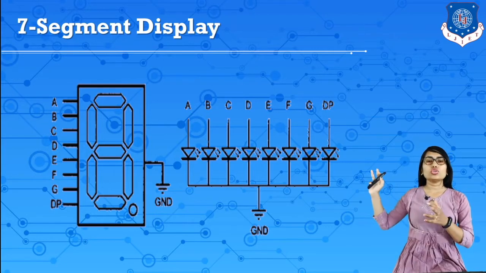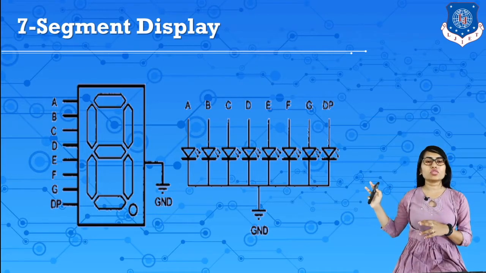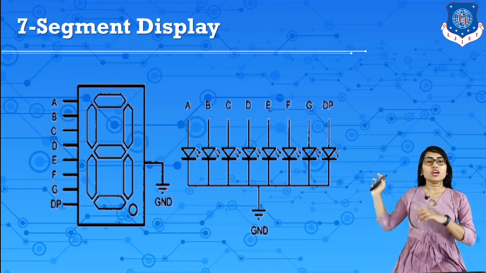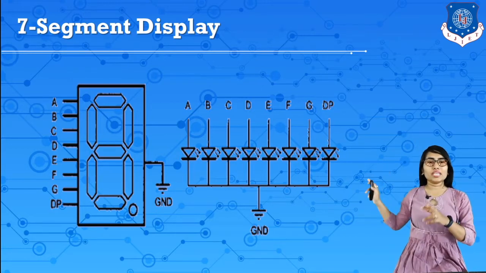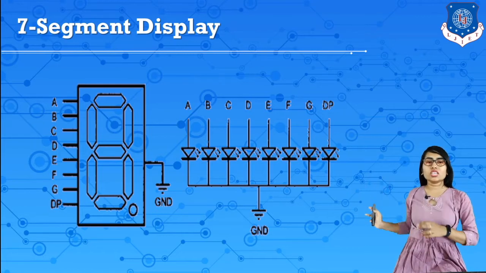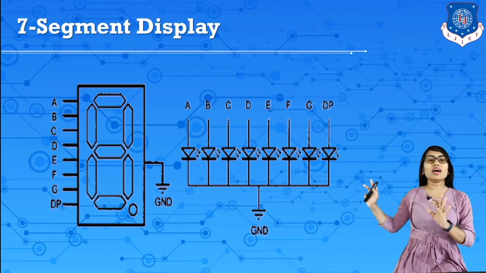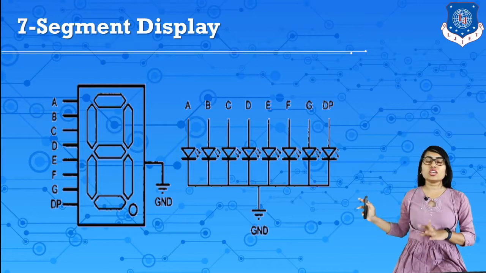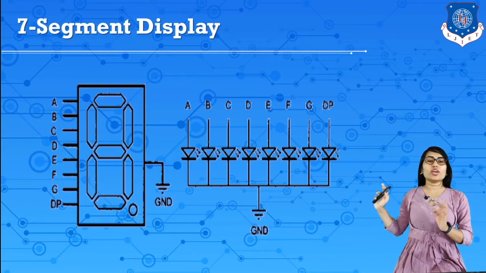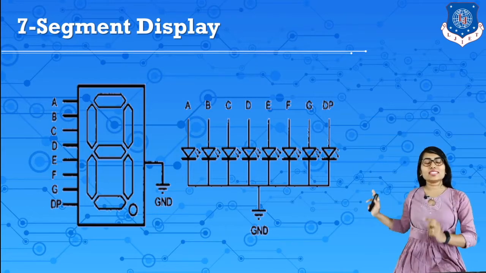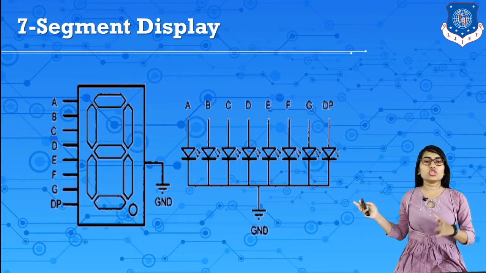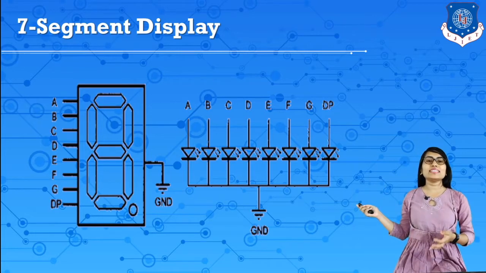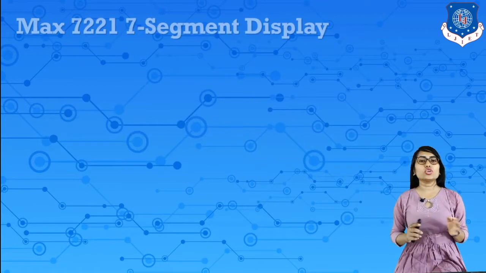Whenever we want to display a 0, A, B, C, D, E, F are all 1 and G is 0. Same for 1: B and C are 1 and others are 0. So this is how the 7-segment LED displays the numbers 0 to 9.